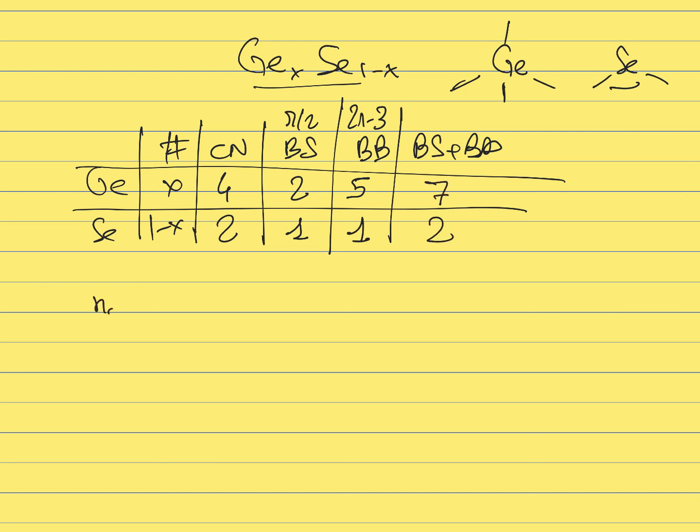So now the number of constraints per atom. You have 7 constraints per germanium times x germanium plus 2 constraints per selenium times 1 minus x selenium, divided by the number of germanium, which is x, plus the number of selenium, that is 1 minus x. So that gives you 7x.